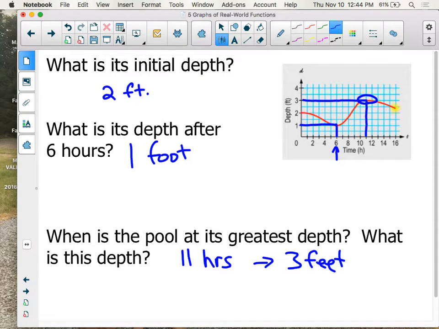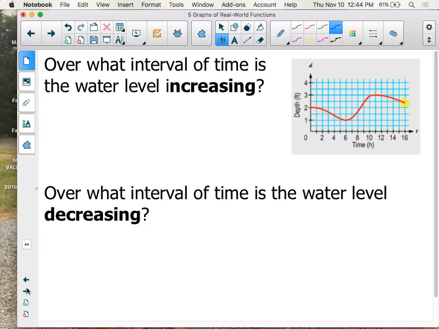Now, something else that's good to know, and we're going to build on some of our domain and range concepts, is talking about the intervals of increase and the intervals of decrease. So over what interval of time is the water level increasing? When does the graph show an increasing rate? Well, it looks like it's at its lowest here at 6. And then it increases, we're going to say maybe up to about 11.